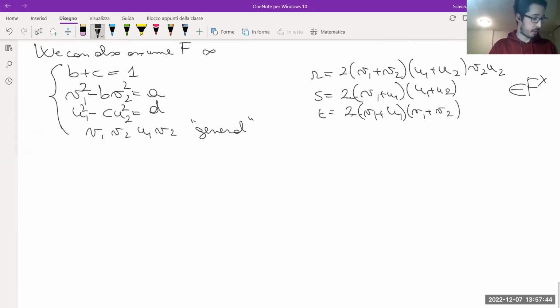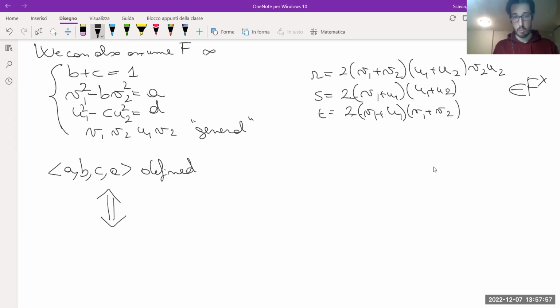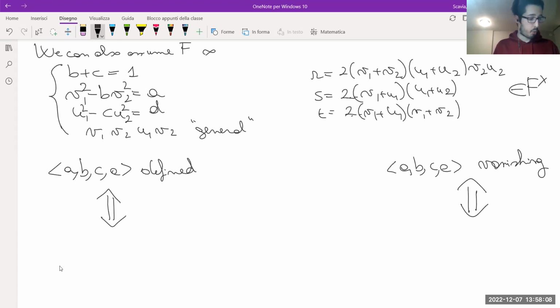Now here's the structure of the rest of the argument. We start from ABCA defined, and we want to finish with ABCD, ABCA vanishing. What we show is that they're equivalent by putting together all of these equivalences.